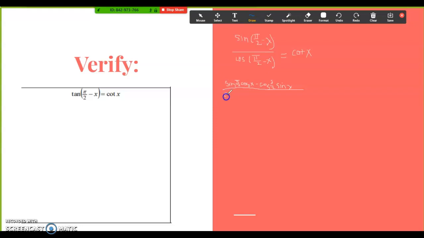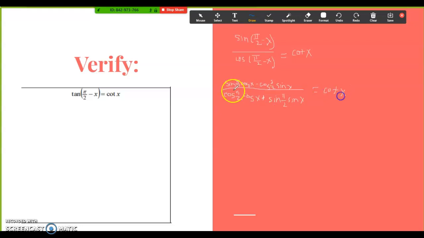So that is the cosine of pi over 2 times the cosine of x, plus, remember this is what switches for cosine, the sine of pi over 2 times the sine of x. All of this again should equal cotangent x.